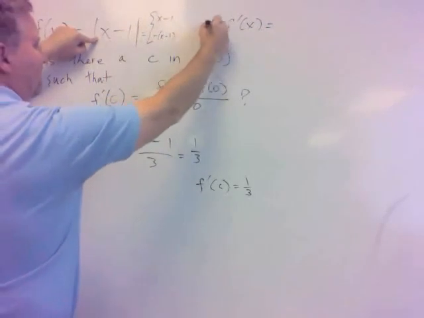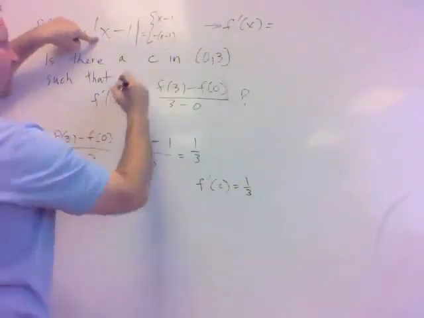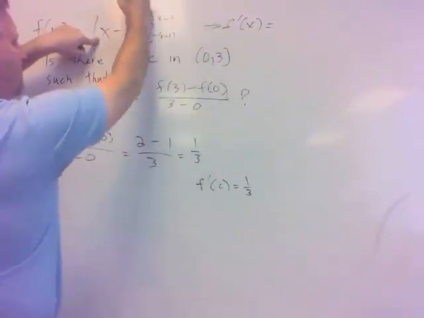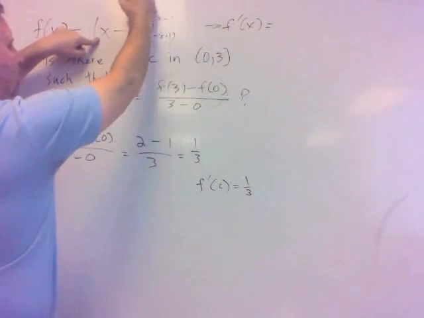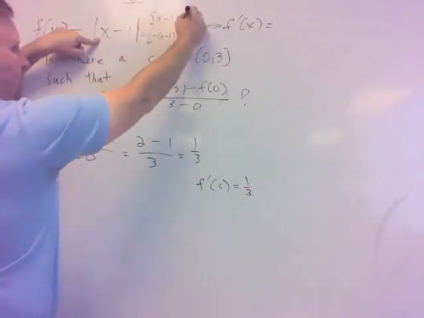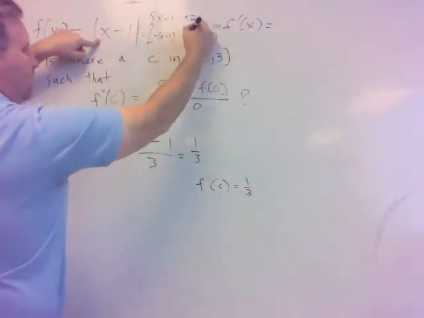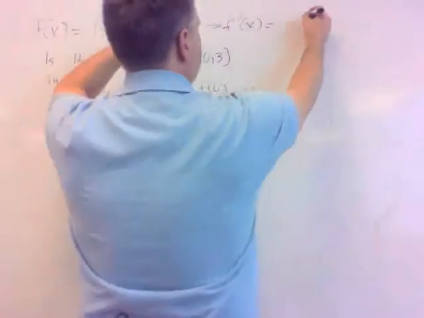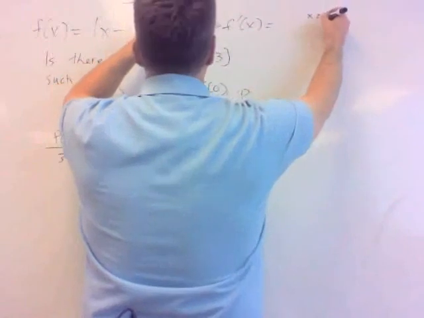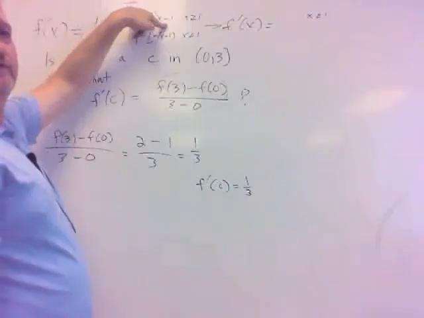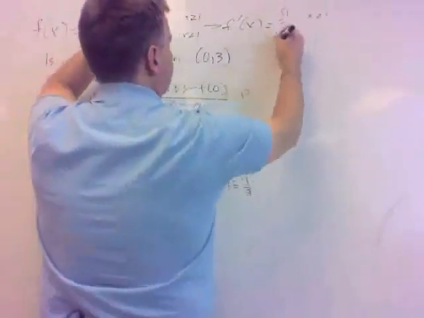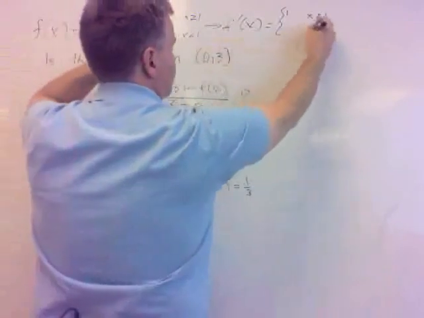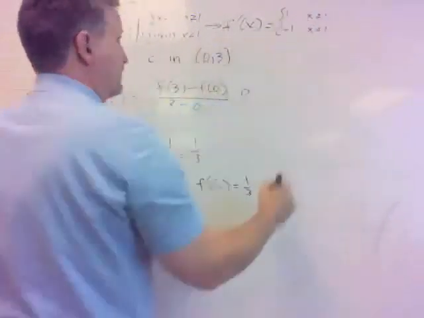Remember that? Yeah. And this was if the corner's at 1, and so the break would be at 1. So this is for x is greater than or equal to 1. This would be x is less than 1. So what's the derivative? Well, if x is greater than 1, what's the derivative? 1. If x is less than 1, what's the derivative? Negative 1.